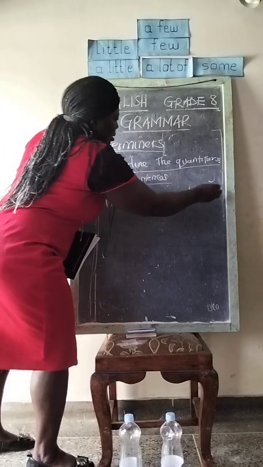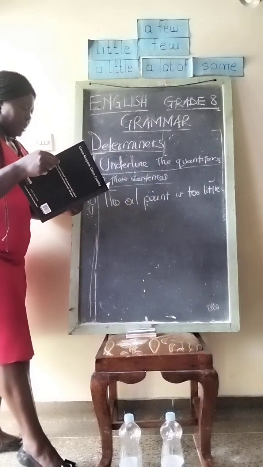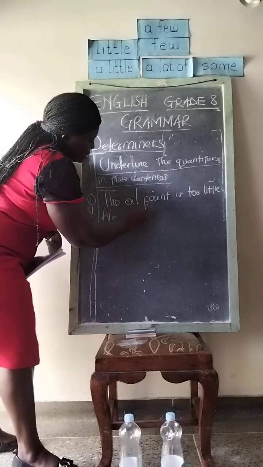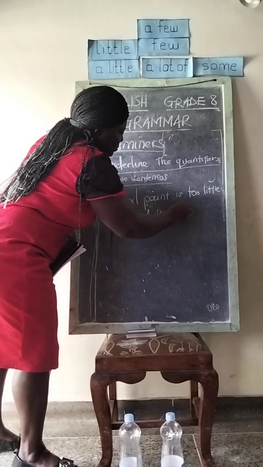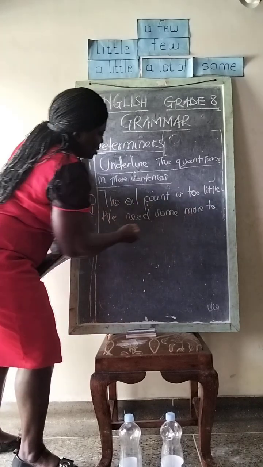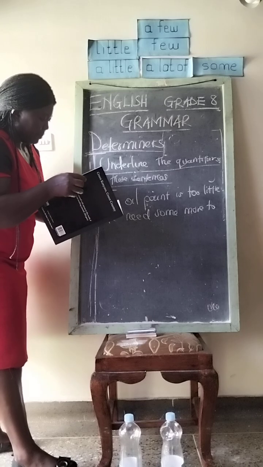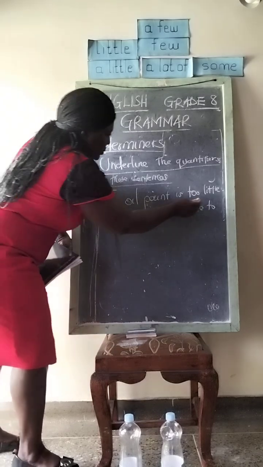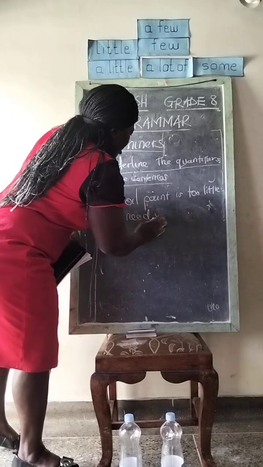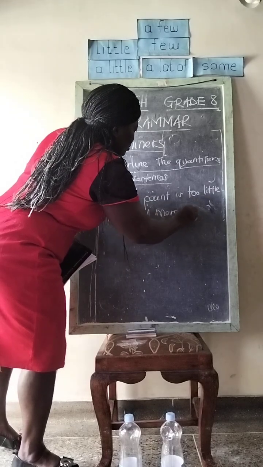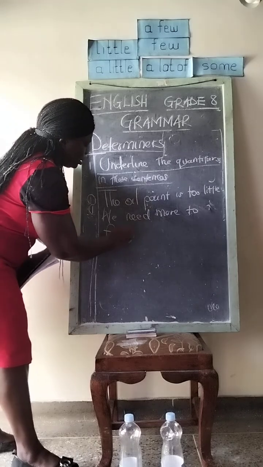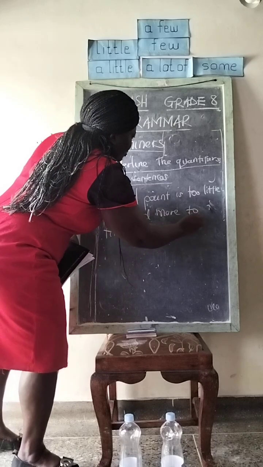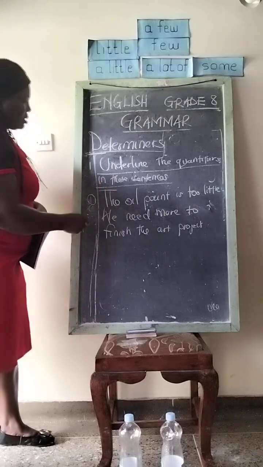the oil paint is too little. We need some more to finish the art project. Now, the first sentence I have here is, the oil paint is too little.